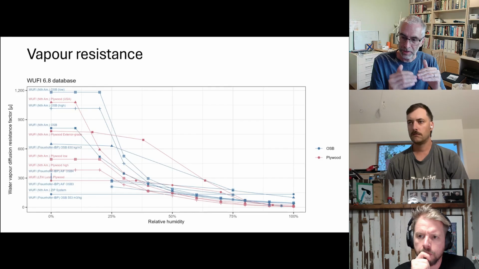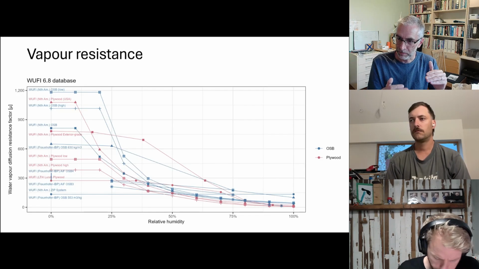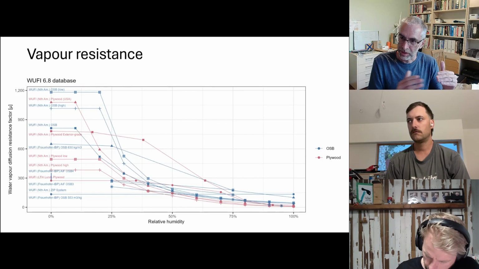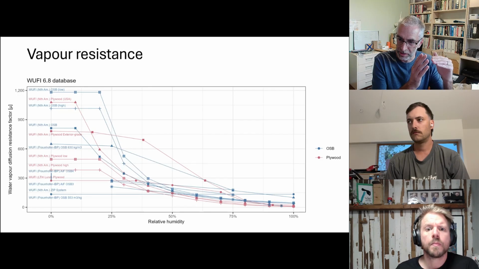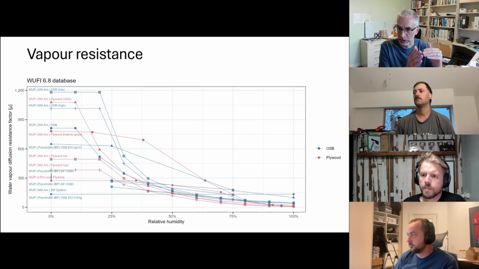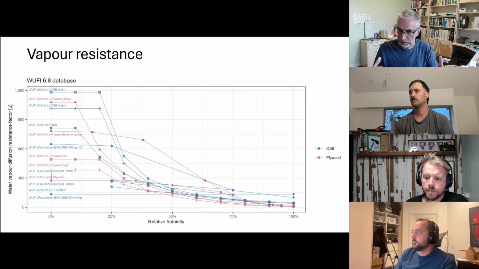And that characteristic is the same as some of our vapor permeable membranes. Many will be familiar with products like Intello and so on. They have exactly the same characteristics, where the idea is that when the system is dry, at low relative humidity, they're relatively vapor closed, and at high relative humidity, they tend to open up, for want of a better word, and allow vapor to drive out.